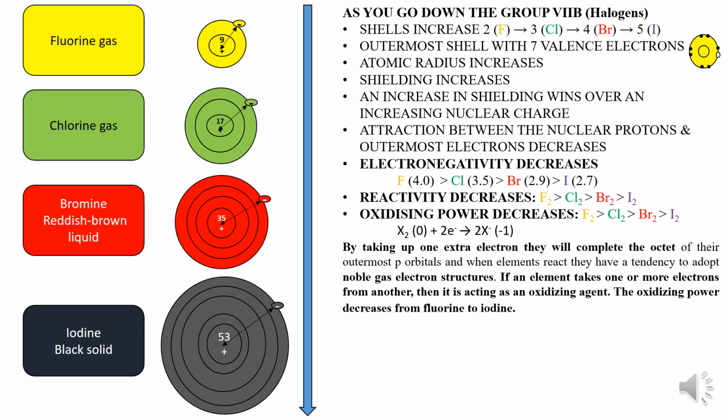So by taking up an extra electron, the halogens complete the octet, and this is because they have a tendency to adopt the noble gas electron structures. If an element takes one or more electrons during a reaction, then it is acting as an oxidizing agent.